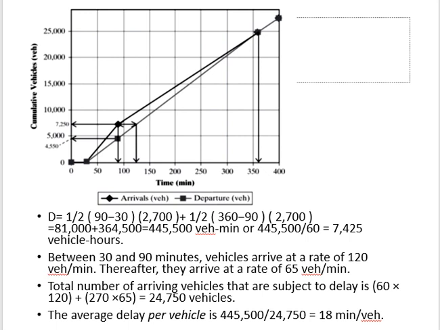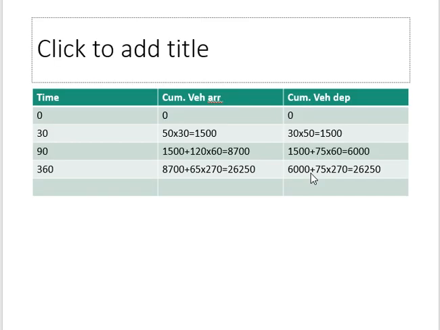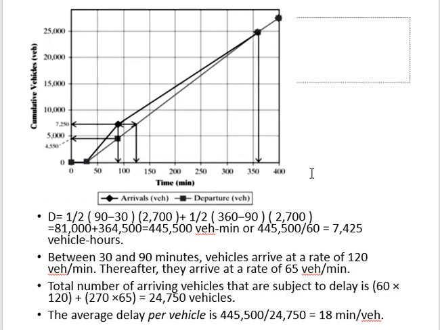At time 30, it was not zero, right? But the number is very small compared to the scale of the graph, so it's looking like zero. The point is the lines are the same because the numbers are the same, both 1500, 1500.